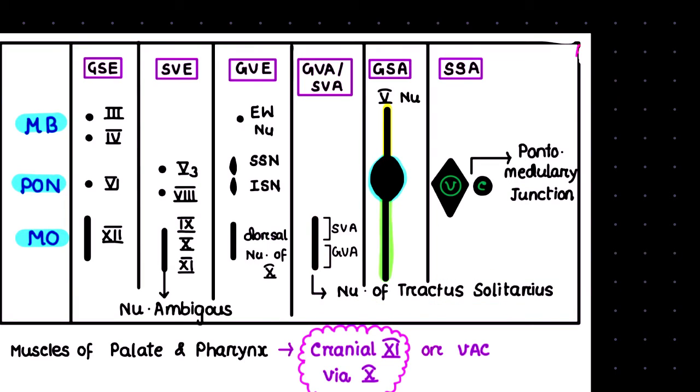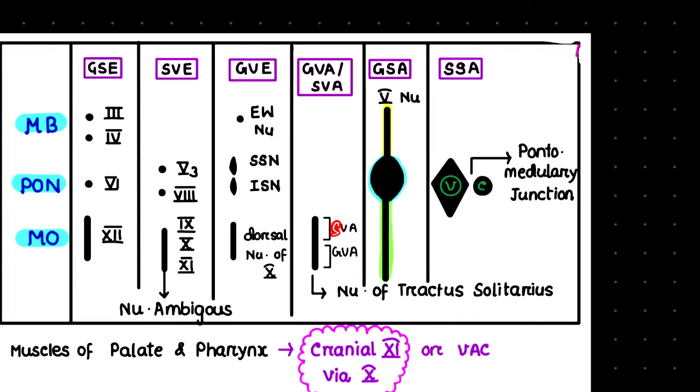This single nucleus is also divided into 2 parts: the cranial part and the caudal part. The cranial part is responsible for SVA, receiving special visceral sensation, and the lower caudalmost part is responsible for GVA, general visceral sensation.